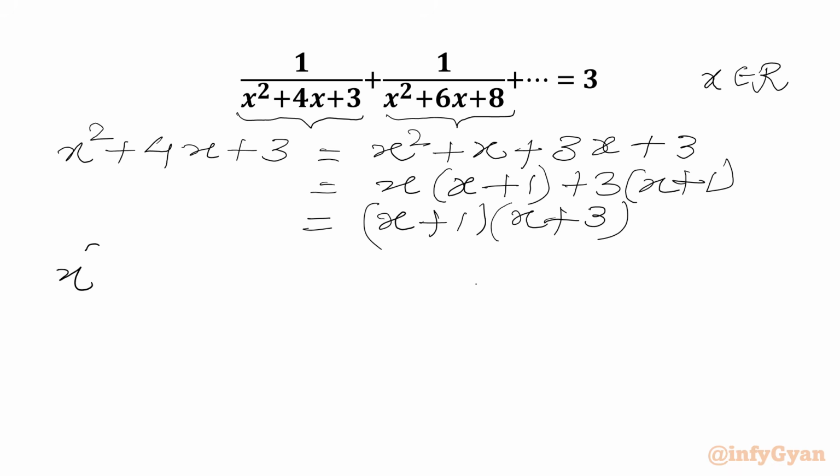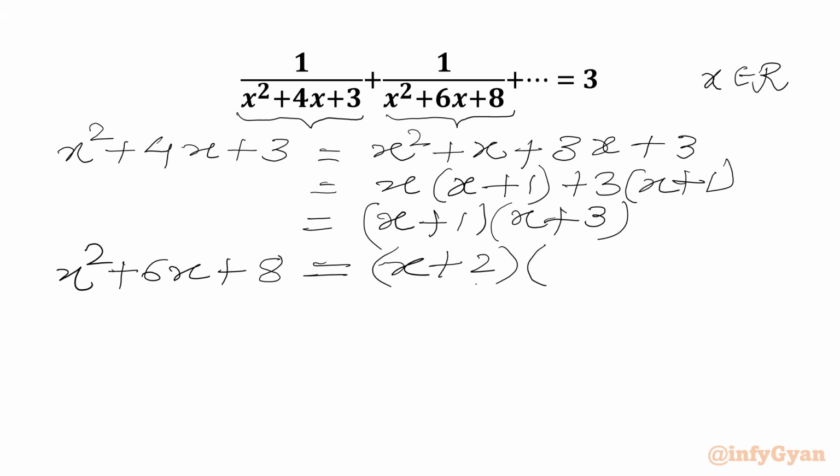Similarly, we will consider x square plus 6x plus 8. This will be equal to x plus 2 times x plus 4 in the same way. Now we are going to write over there.